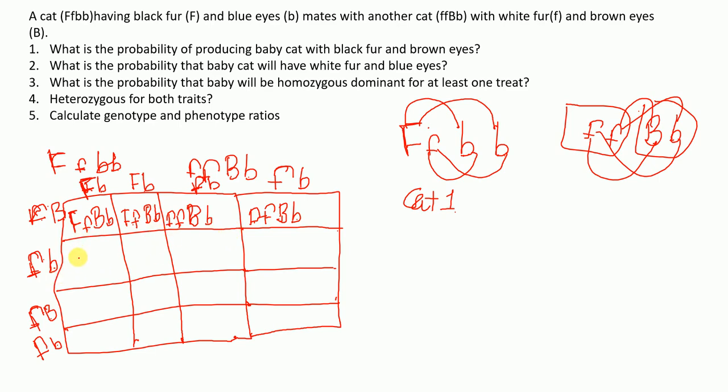Okay, so here capital F, small b, small b, and capital F, small b, and here small f, small b, and here small f, small b, small b.